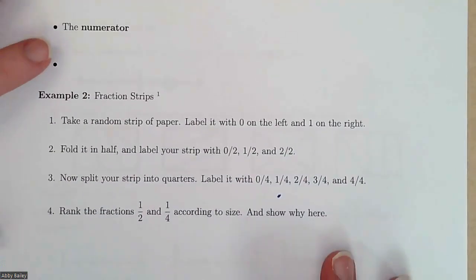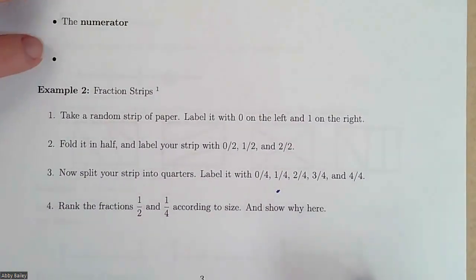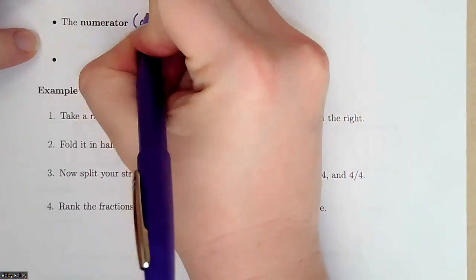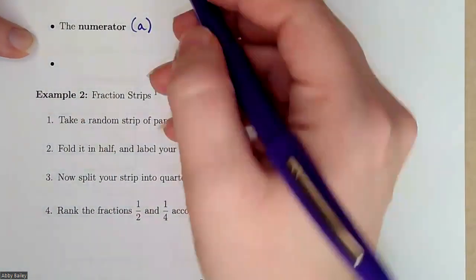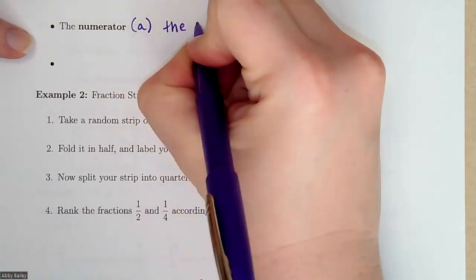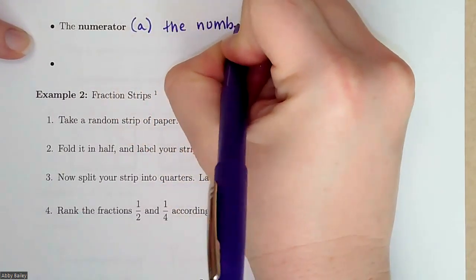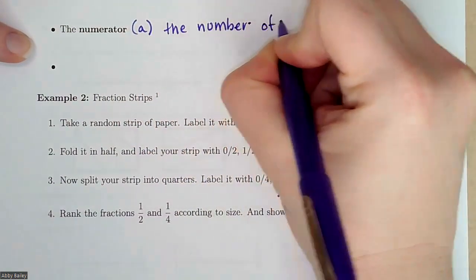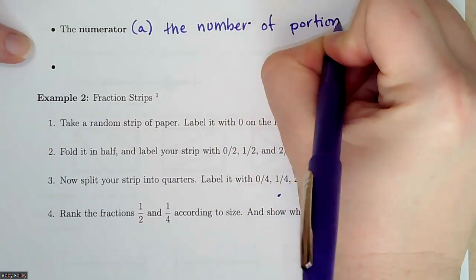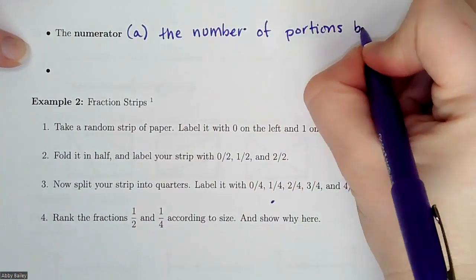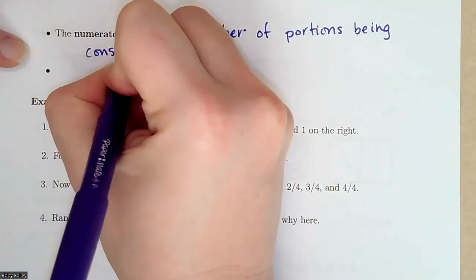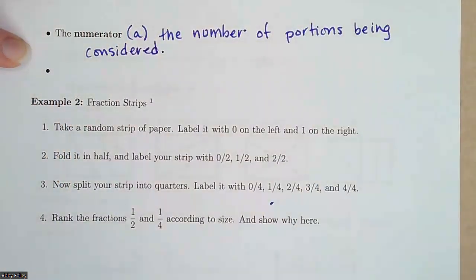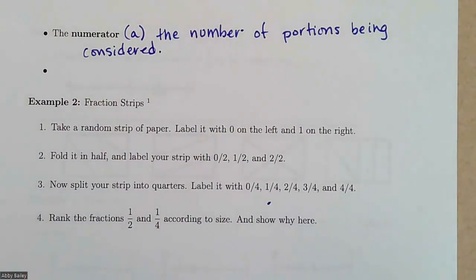Now the numerator, which is the A in the numerical representation of the measurement, is the number of portions being considered. Do we want 1 out of 6 or do we want 2 out of 6 portions?